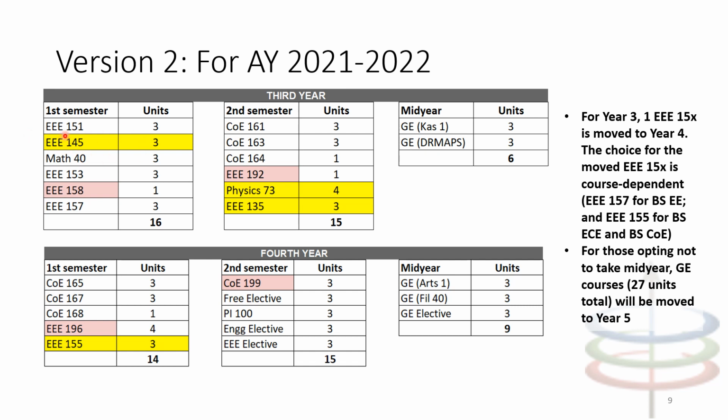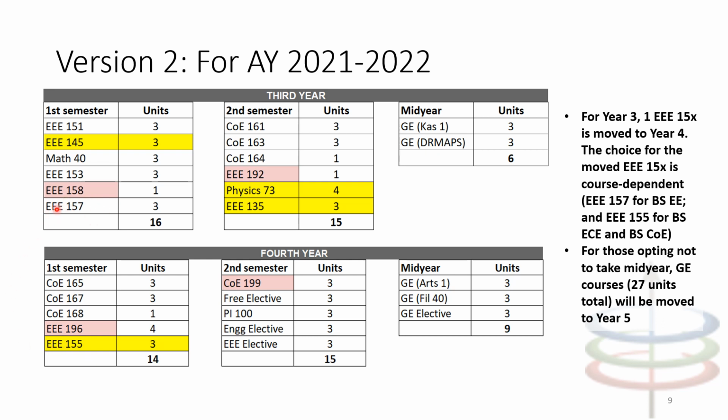Then to accommodate this move, 115X subject is moved from third year to fourth year first semester. So for BS COE and BS ECE, this is 155, which is power systems. For BSEE, since they would need 155 in their specialization courses, this one is swapped with 157.